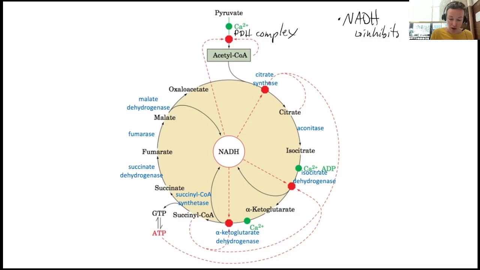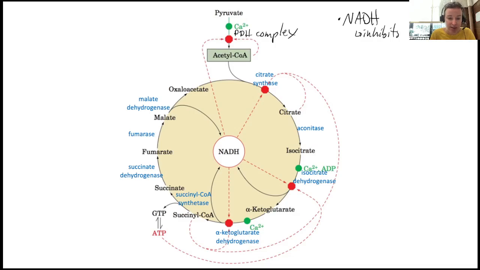It is inhibiting all the rate determining steps. Now, importantly, folks, you want to understand what type of inhibition might be happening with NADH. NADH is a product of pyruvate dehydrogenase, so it is probably inhibiting the pyruvate dehydrogenase complex through product inhibition. Let's take a look at the other enzymes it inhibits.